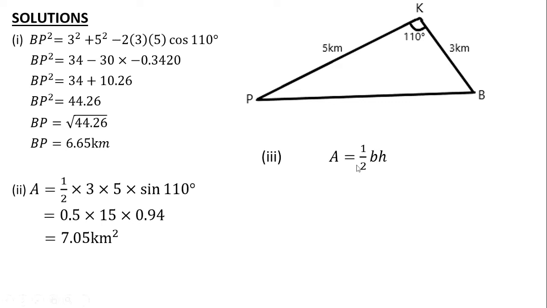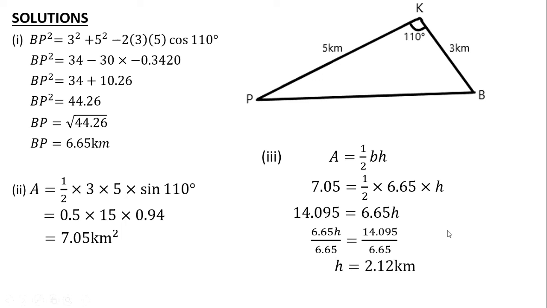So A equals half b h. Cross multiply. To find the value of h, we divide both sides by 6.65. Our h is equal to 2.12 kilometers. Therefore, the shortest distance was 2.12 kilometers.